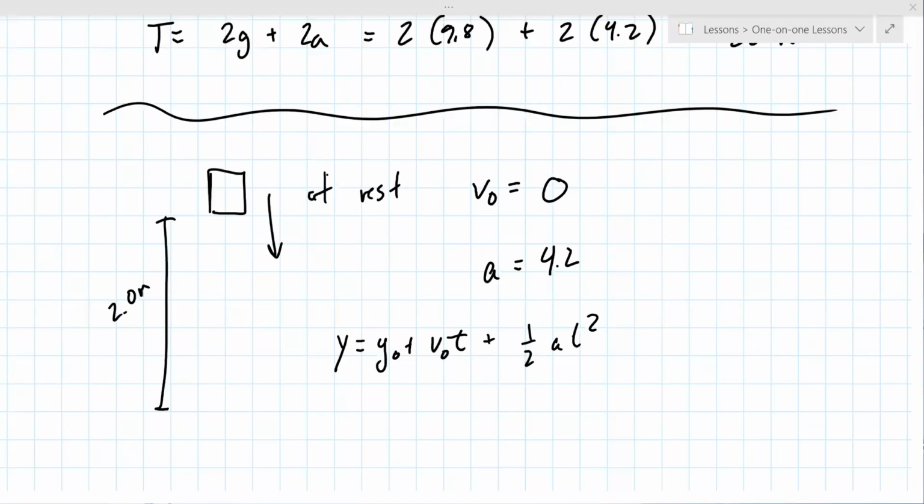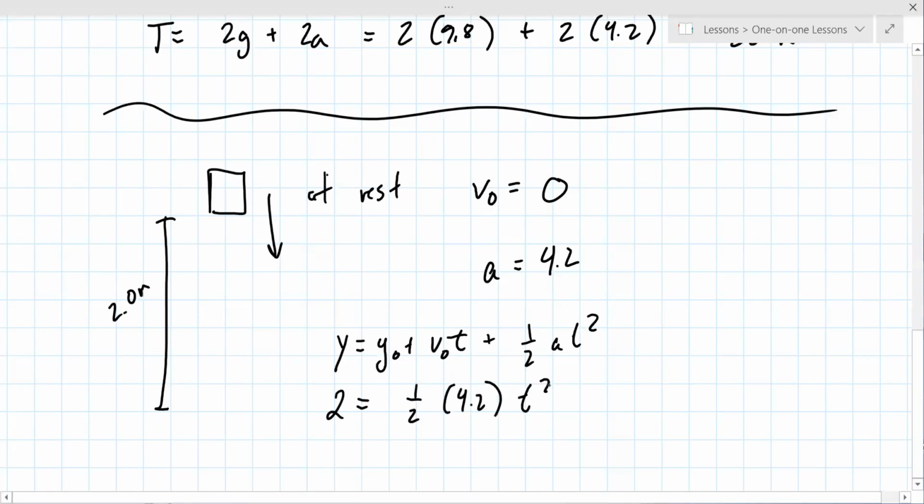So y naught and v naught can go away, and we just have 1/2 a t squared. So y is 2, it's 1/2 times the acceleration 4.2 times t squared, because both of these are 0. So you're solving for t squared.